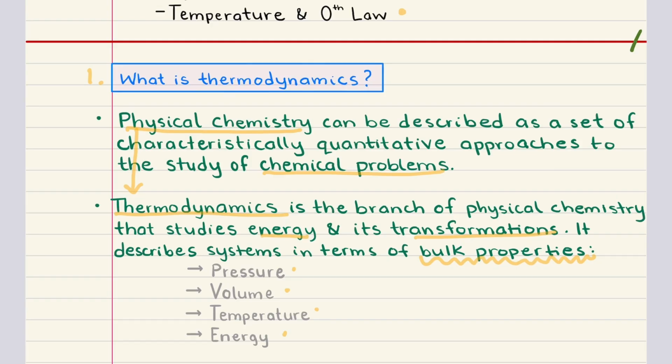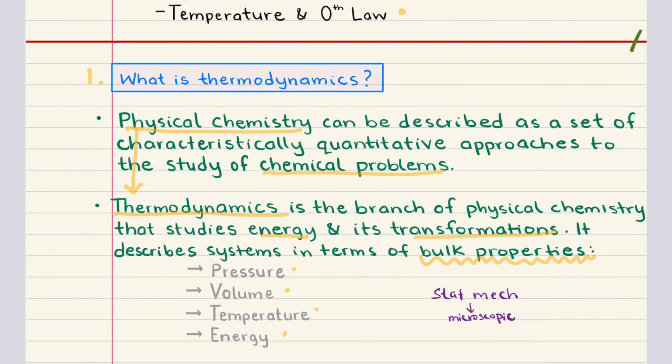Our approach here is going to be different from statistical mechanics. Statistical mechanics looks at systems from the microscopic perspective, using probabilities and averages over large numbers of particles to explain why macroscopic properties take on the values that they do.